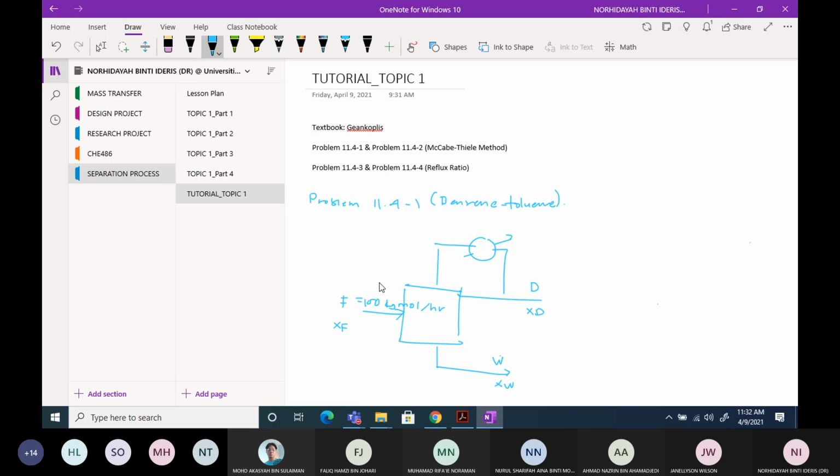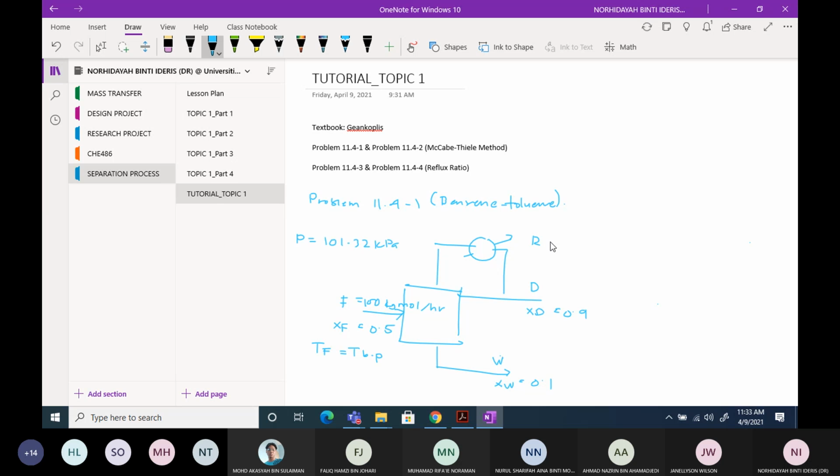So right now the mole fraction is 0.5. The operating pressure is 101.32 kPa. The feed is liquid at the boiling point, so TF is equal to the bubble point.